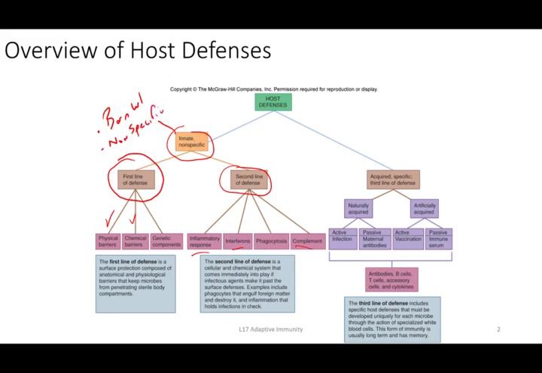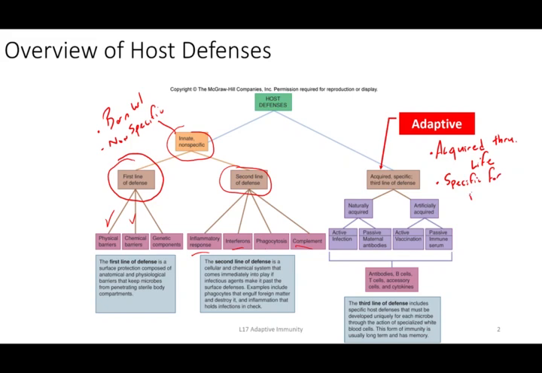So by contrast then, this adaptive immune response is going to be acquired through one's life, and it's going to be specific for particular microbes.